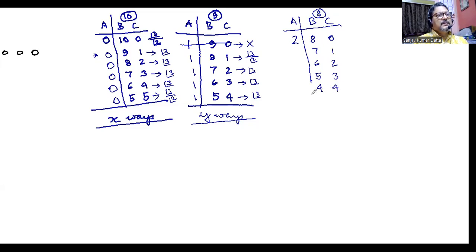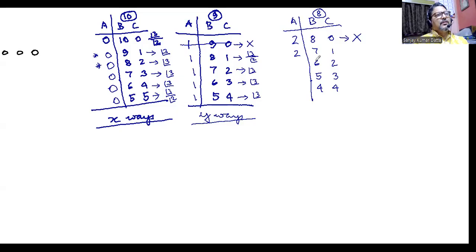Here identical distribution happened because 8 is an even number. Now you see 2, 8, 0. Not possible. You know why? Because 2, 8, 0 has been covered here. 0, 8, 2, remember, factorial 3 have arranged it. One of the arrangements is 2, 8, 0.